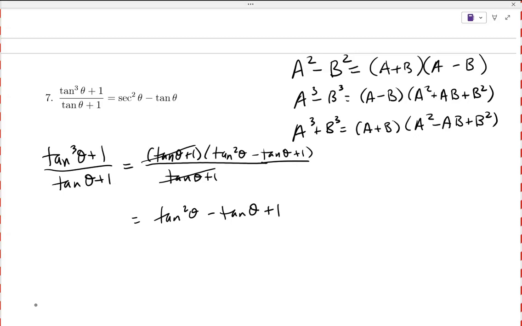What's left must be equal to what? If I already have part of what I need, what must the other part be equal to? Secant squared, is that true? Yeah, if I look at that part right there, that is secant squared, isn't it? It's one of our Pythagorean identities. And we're done.